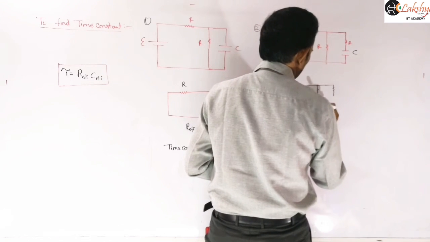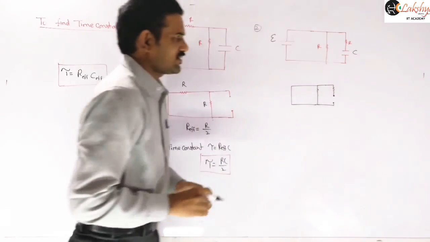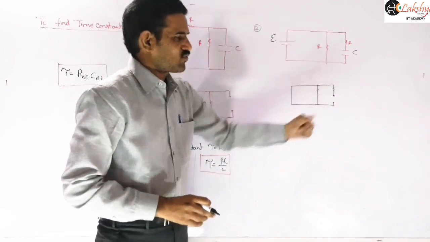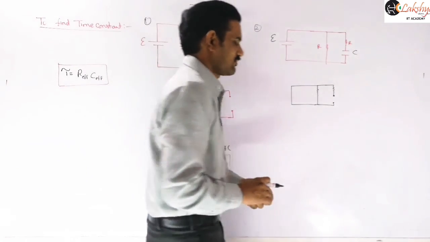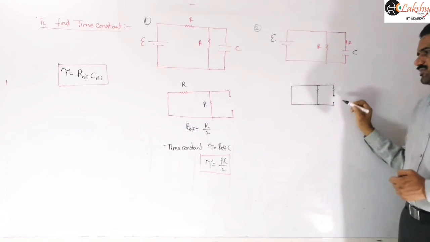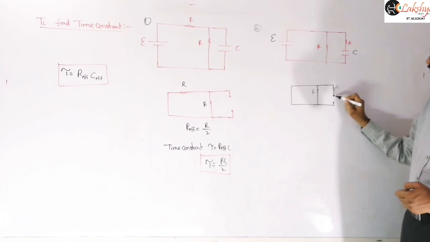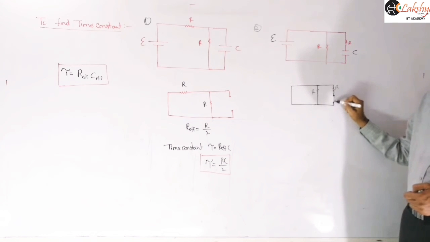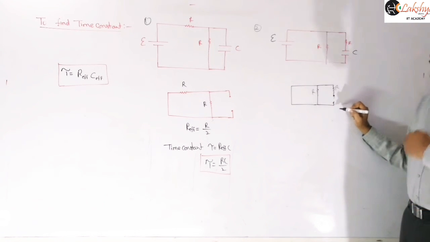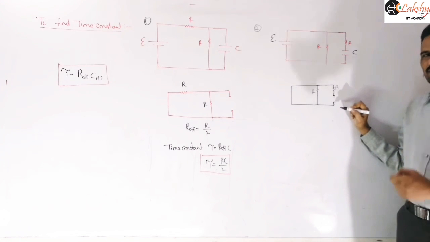Now across these 2 points we are finding that effective resistance. When you are finding the effective resistance between these 2 points, that is important, then the effective resistance in the circuit we can say is only R.